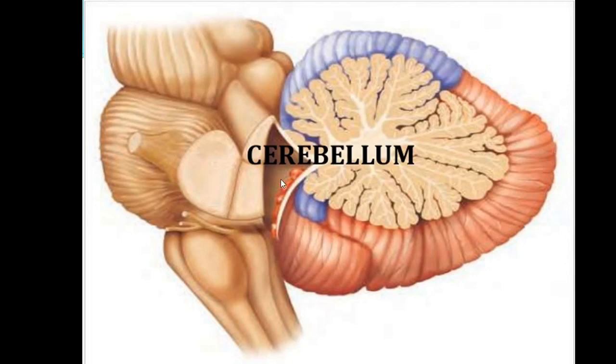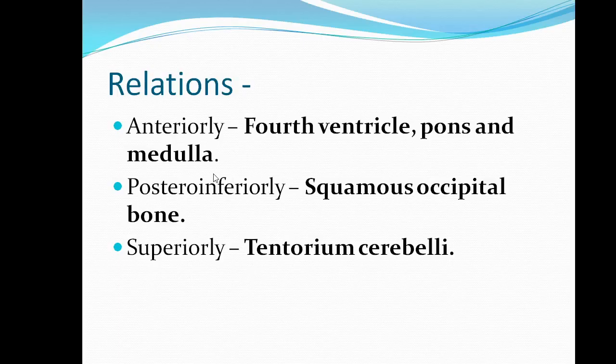It is anteriorly related to the fourth ventricle, to the pons, and the medulla oblongata. So the relations are anteriorly fourth ventricle, pons, and medulla; posteriorly the squamous occipital bone; and superiorly the tentorium cerebelli.